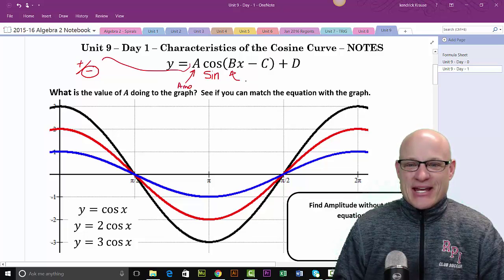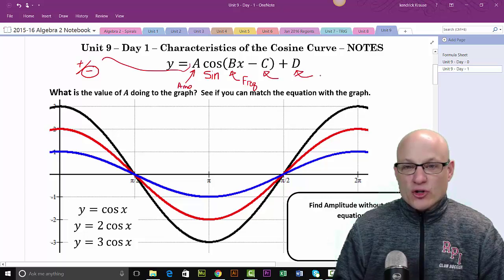B is a frequency, the number of complete cosine curves in 2 pi. C is a phase shift left and right. And D is my vertical translation, up or down. Nothing's new. It's all the same.